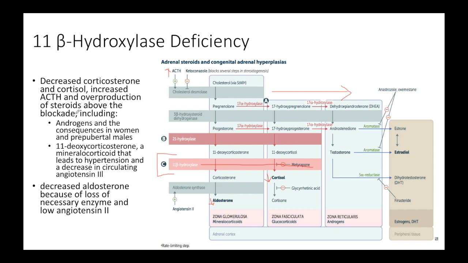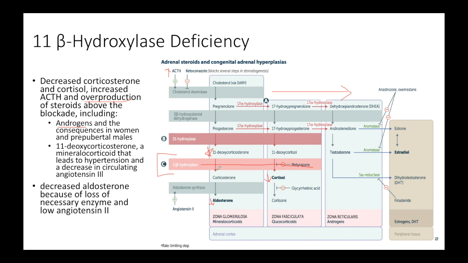So the steroids that we are going to have an overproduction of are, like I said before, androgens, and the consequences that we see in women and prepubertal males, as well as this guy, 11-deoxycorticosterone.